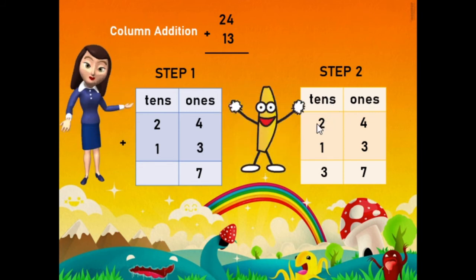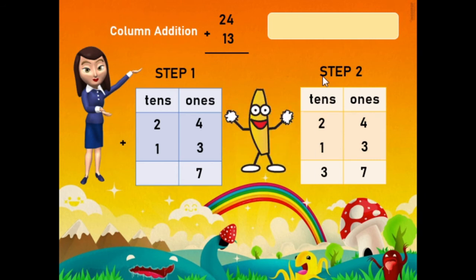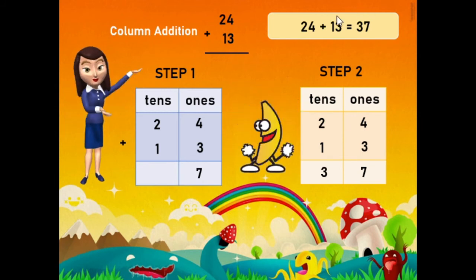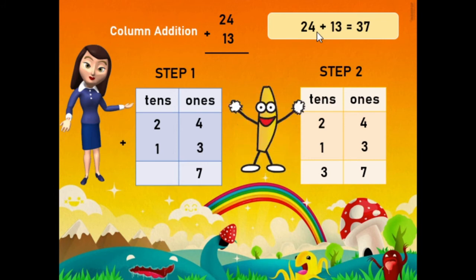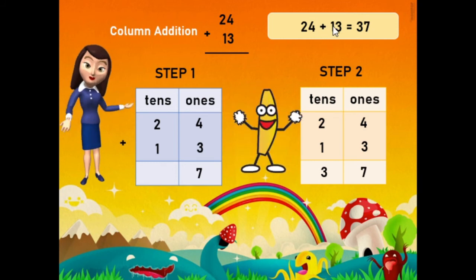That's 2 plus 1 equals 3. Therefore, our final answer is 24 plus 13 is equal to 37.